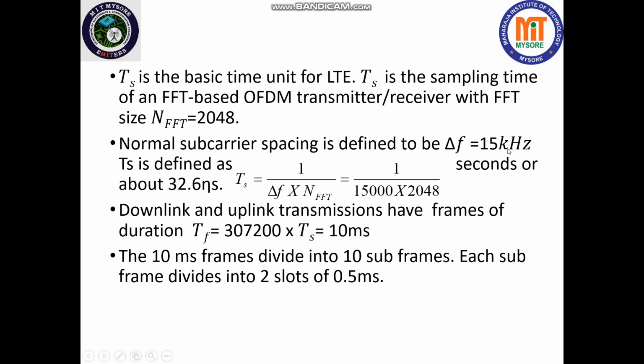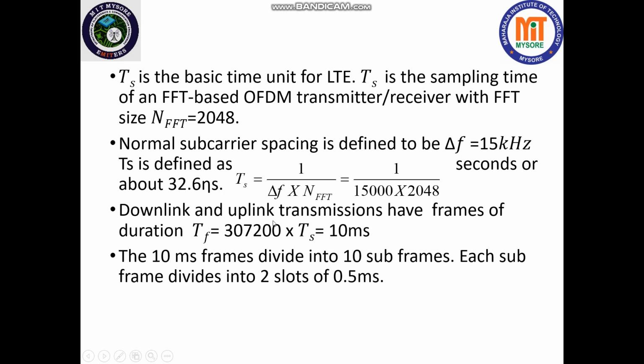As in the first module, there will be 15 kilohertz bandwidth for each subcarrier we use in OFDM. Now Ts is calculated as 1 divided by delta f times N FFT, which is 1 divided by 15,000 times 2048. It will be around 32.6 nanoseconds. This is the sample time.